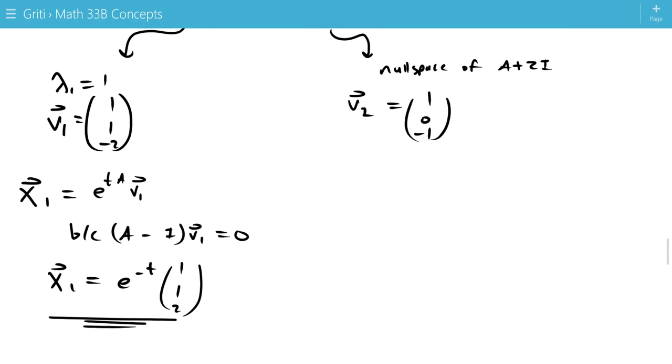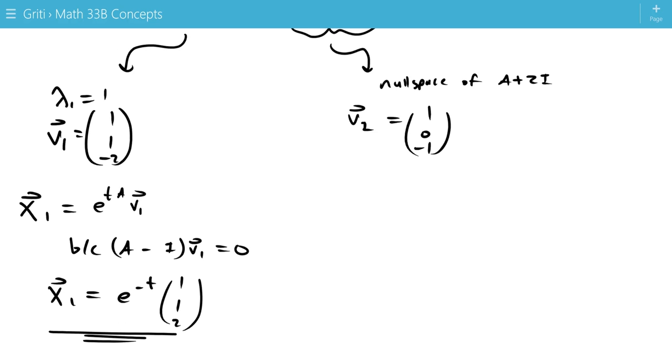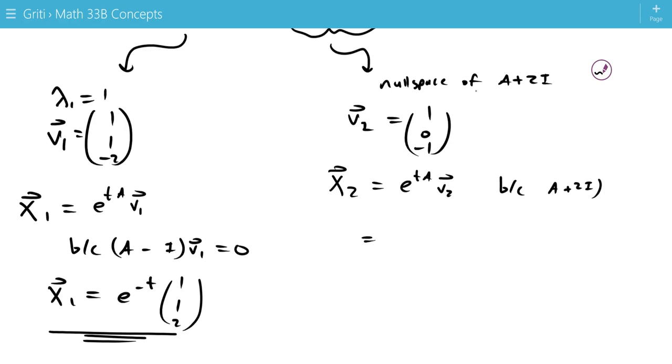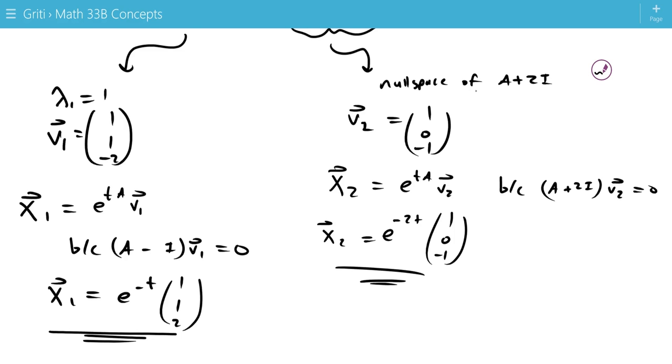That's our first solution. If we do the same thing on this, we can get x2 equals e to the tA times v2. But because (A plus 2I) times v2 equals 0, this truncates to e to the negative 2t times 1, 0, negative 1. We still need one more solution though.